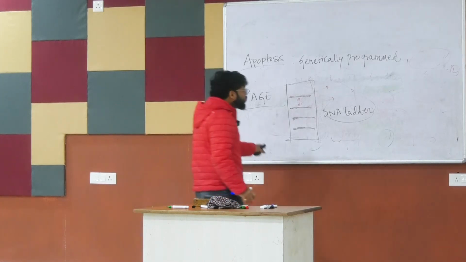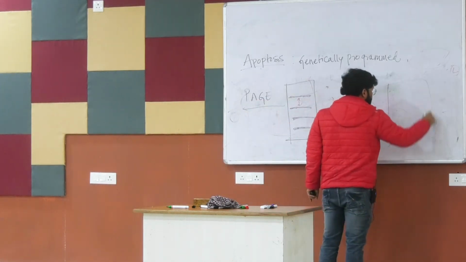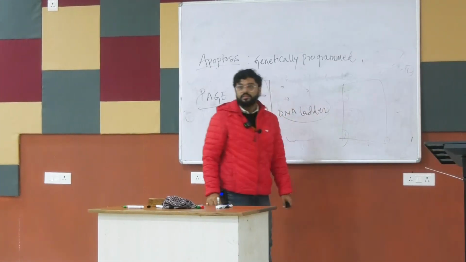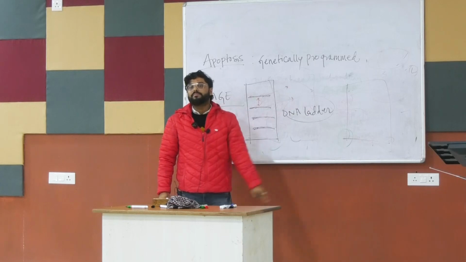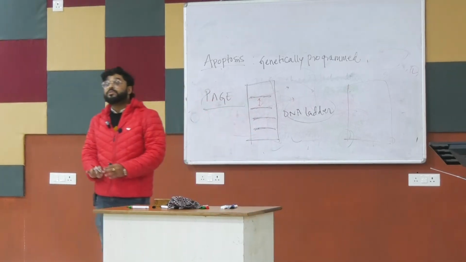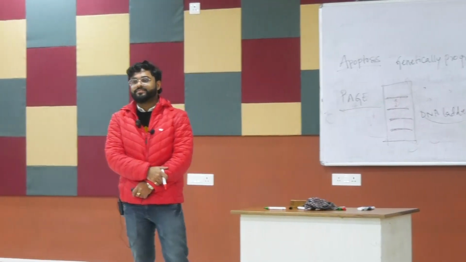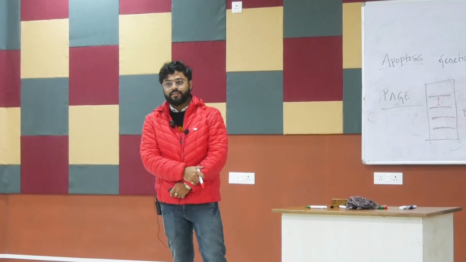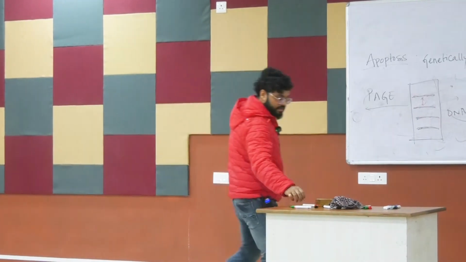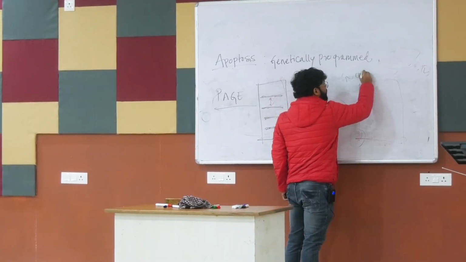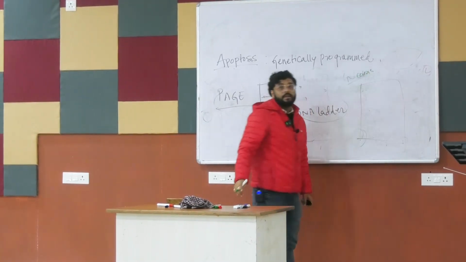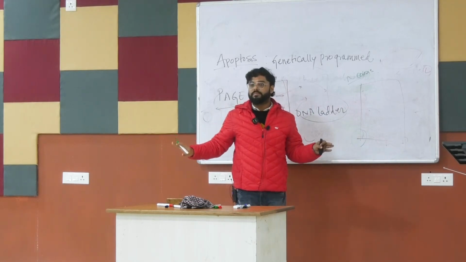But if I do this same thing in case of necrosis, then what will we see? A plain DNA pattern. There will be no ladder pattern. What is occurring in case of necrosis? A total tissue is damaged.